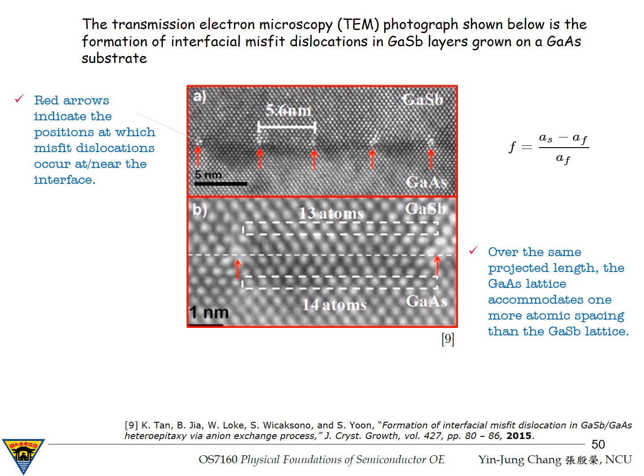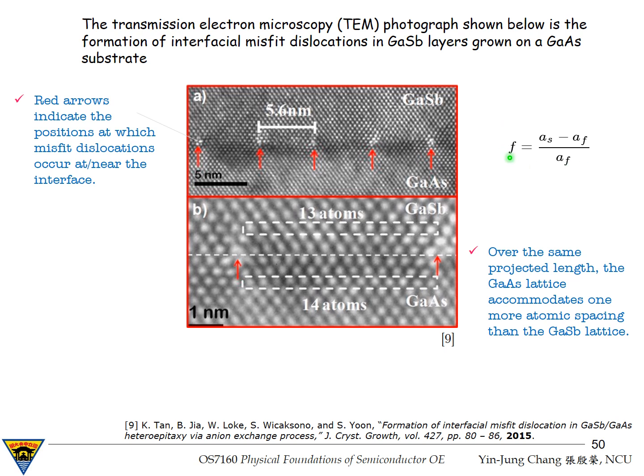Now let's connect this back to the formula for lattice mismatch. We know the misfit parameter or mismatch parameter f is equal to a_s minus a_f divided by a_f, as shown in this expression.